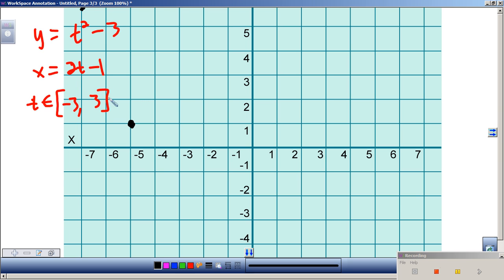Okay. If I plug in, say, -1, we get -3, -2, so right there. If I plug in 0, -1, -3. So far, this is predicted to be a parabola. It's starting to look like that.